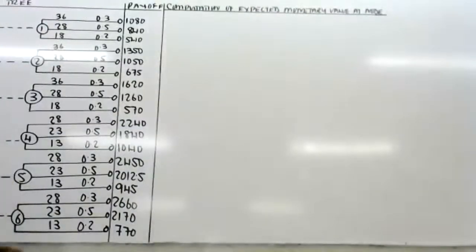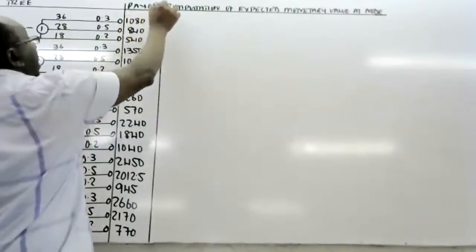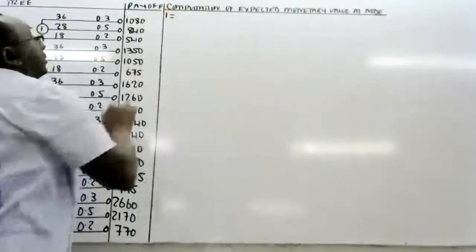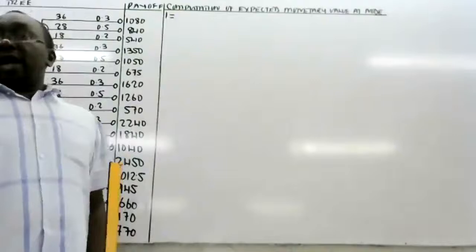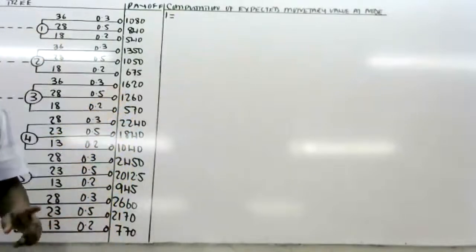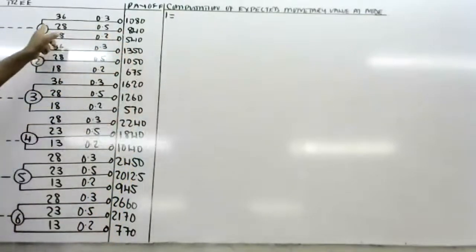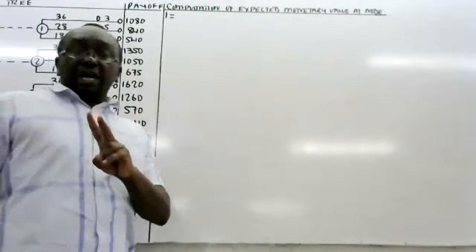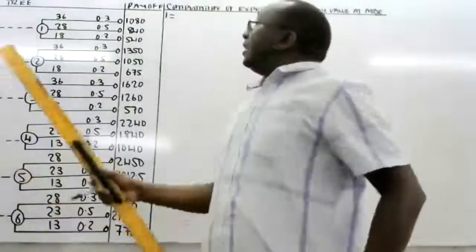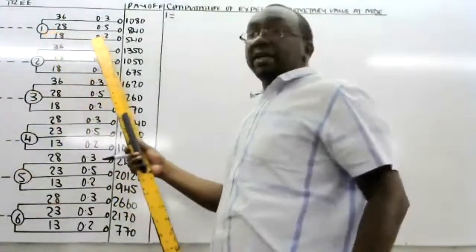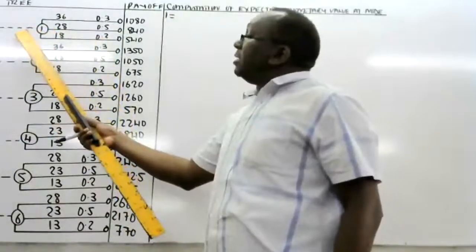Now, nodes are these numbers. First of all, the nodes are these circles, these squares. So we are going to compute for each. So we start with number 1 here. And this is what you do. When you come to number 1 here, you can see there are 2 types of lines. There are the lines that are going out of that and lines that are coming in.